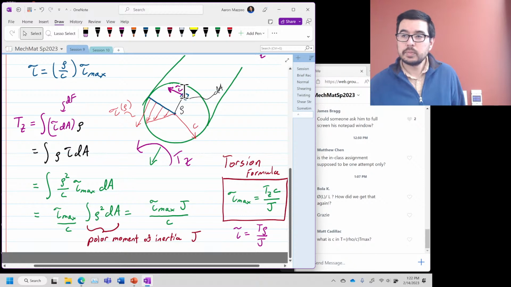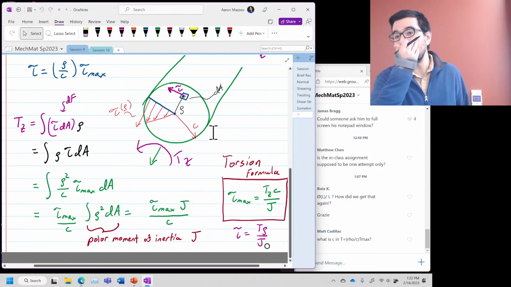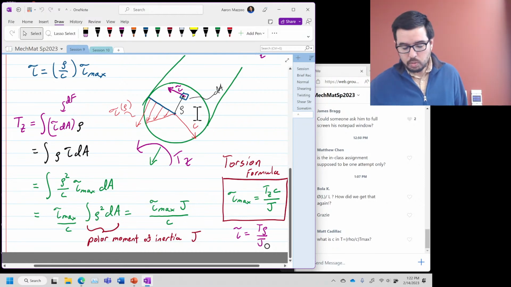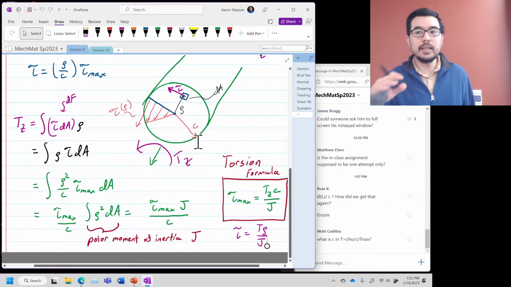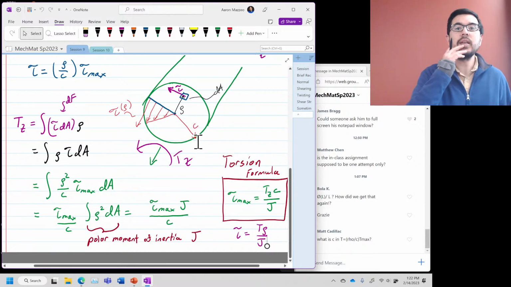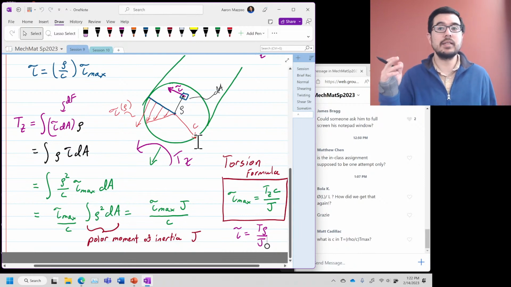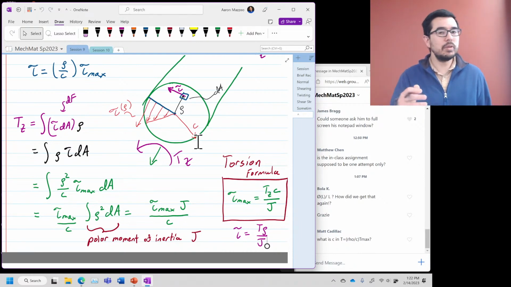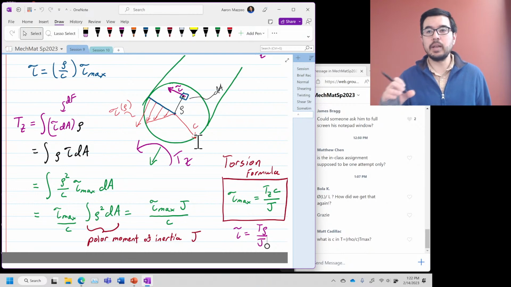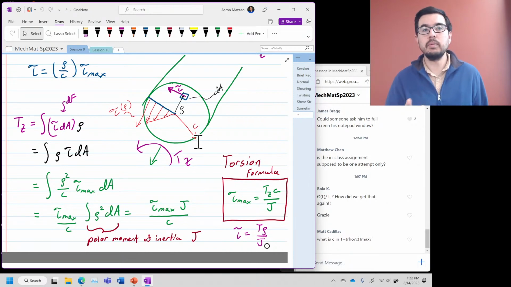Oh, so it's not just like the radius. Well, no. You'll find different terms in different textbooks, but rho is decidedly not the radius of the shaft itself. It is a distance from the center line, and it maxes out at the radius. And usually, people use R or C as the radius of the shaft. Okay, good questions.